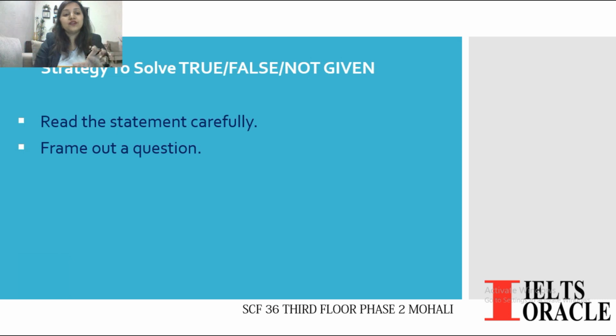You need to keep in mind that while framing the question, you are not allowed to skip any keyword or any information given in the statement. If you miss any keyword or information, you might end up with an incorrect answer. So while framing your question, be very attentive to use all the information given in the statement.